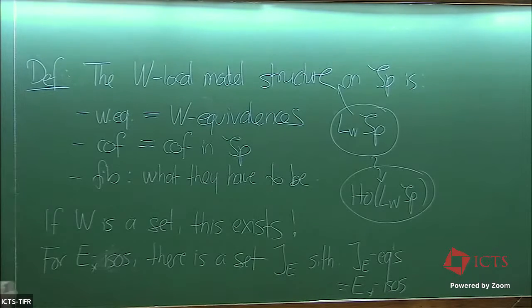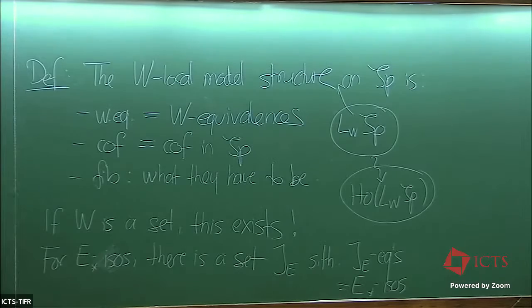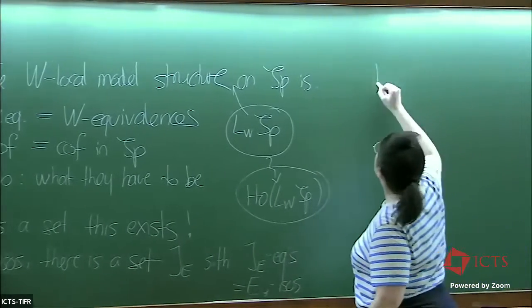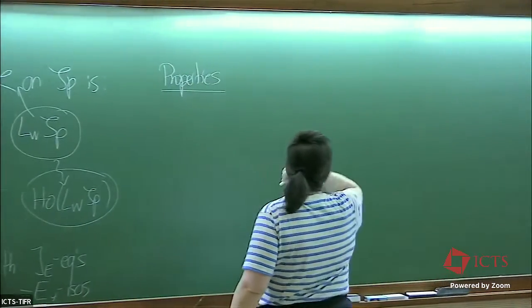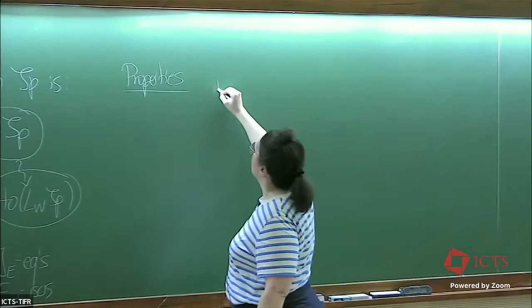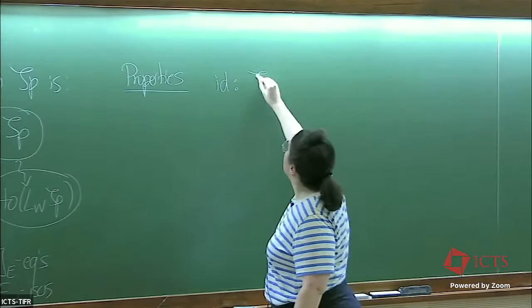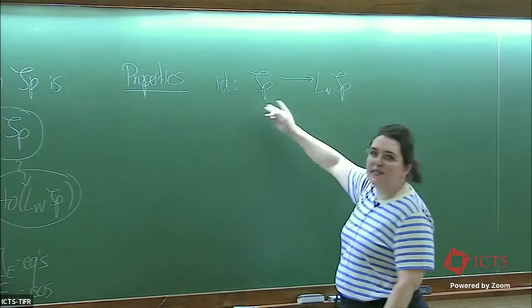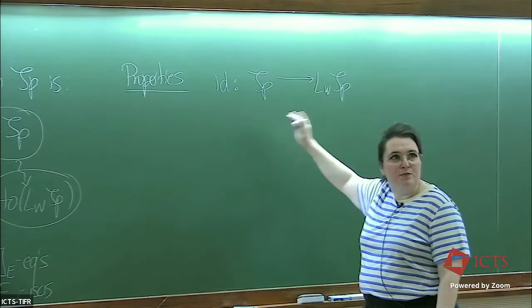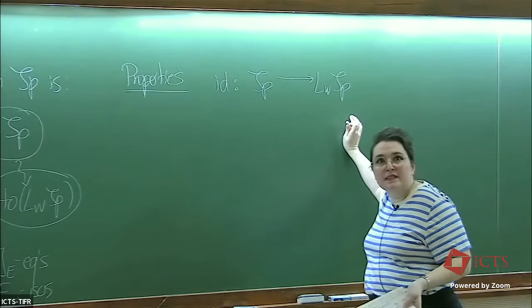So let us now assume that the work has been done and it exists and we are allowed to talk about it. Then let's look at some properties. So first of all, we can just look at the identity functor, because this and this, that's the same category. It has different model structures on it, but it is the same category, so we can just apply the identity functor.